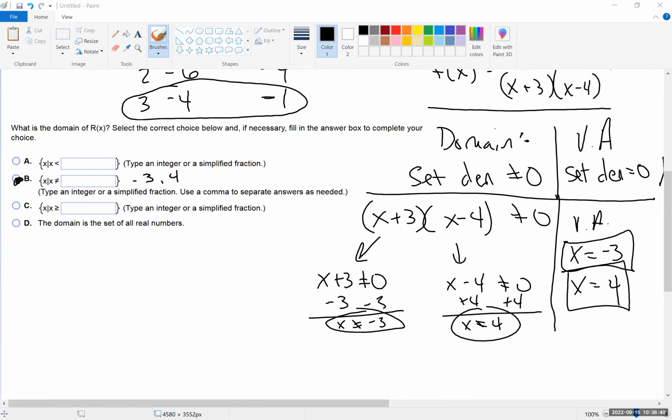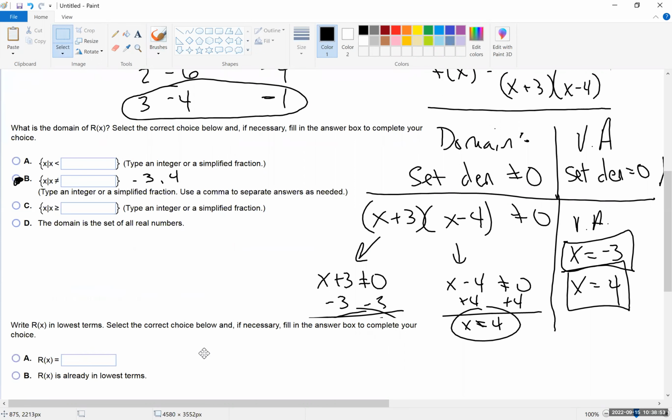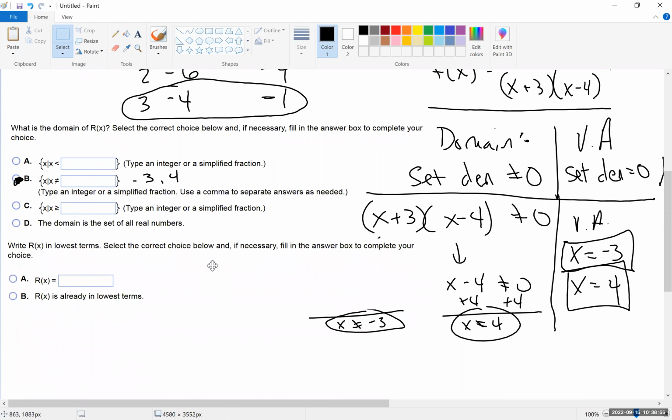All right. So we're going to get to the next step. This is the next part. They ask once again if it's in lowest terms.